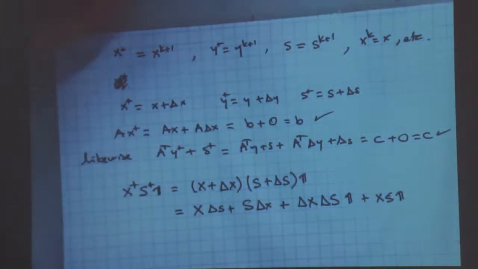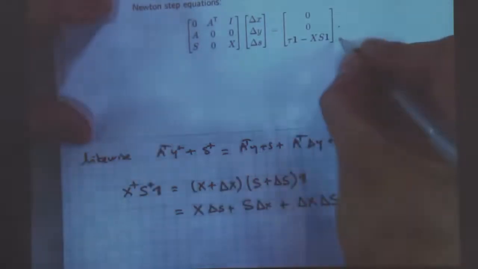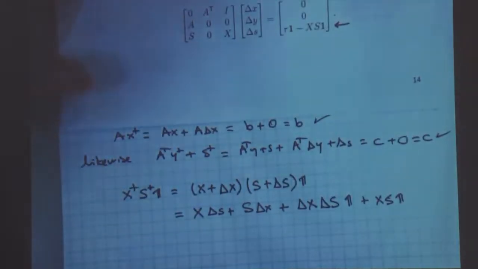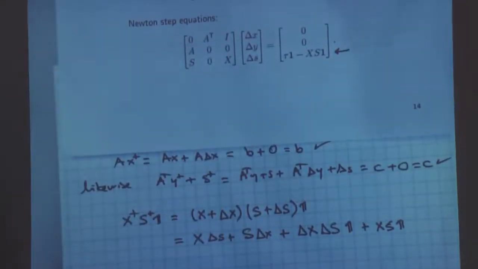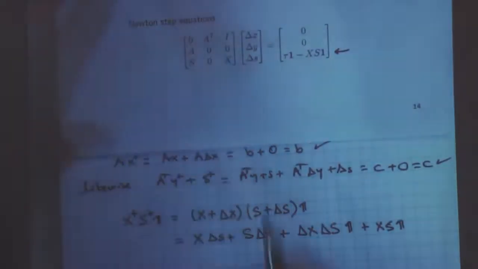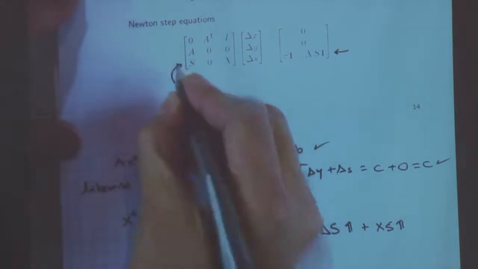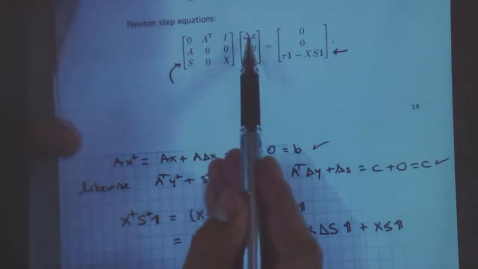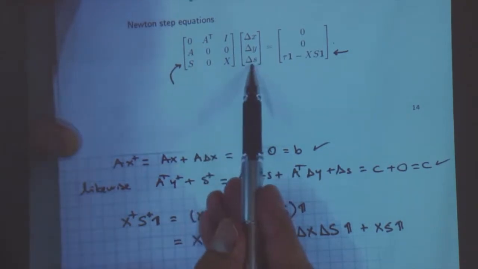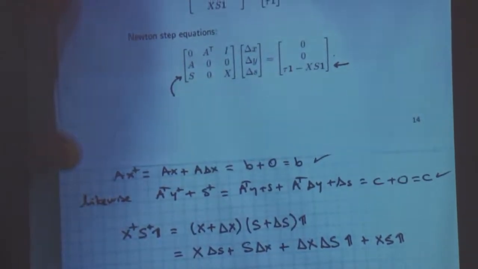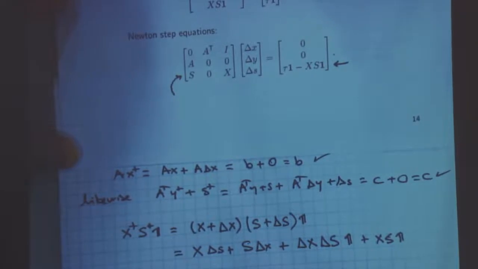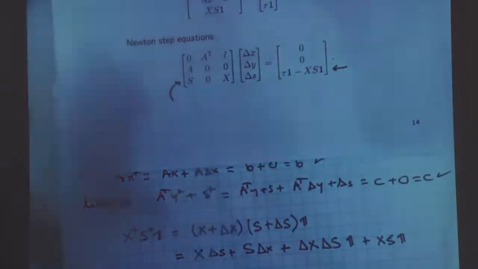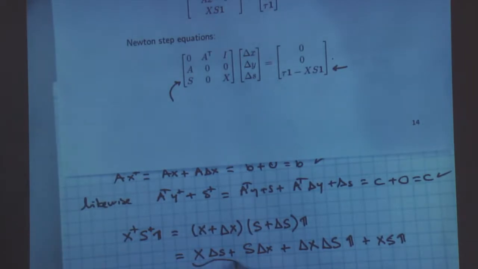Now, take a moment to look at the last equation in the Newton step. What does that equation tell me? If I take s delta x and x delta s, what is that equal to? That's exactly what I have here, right?